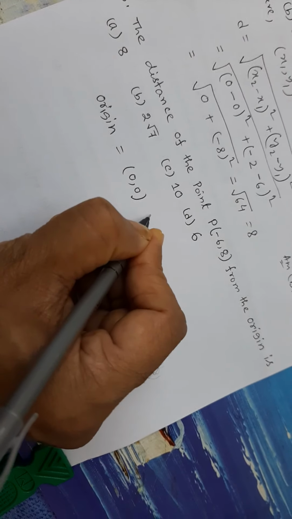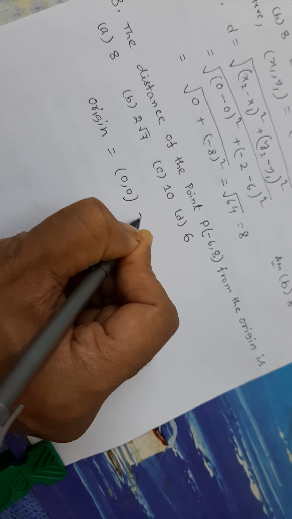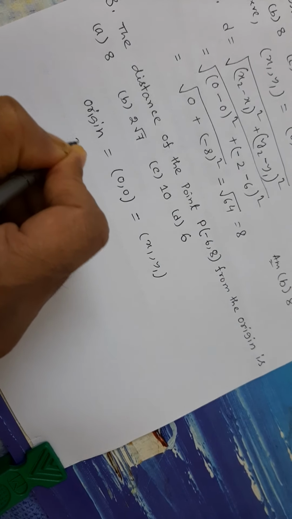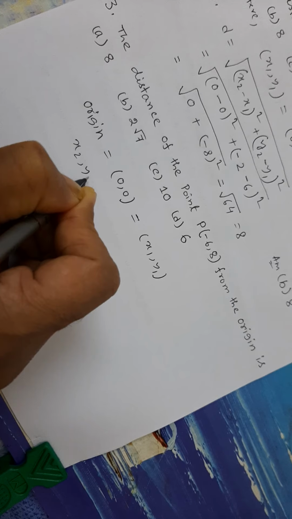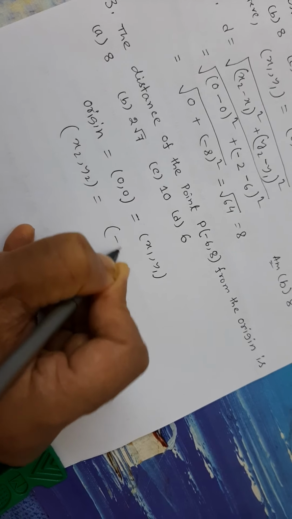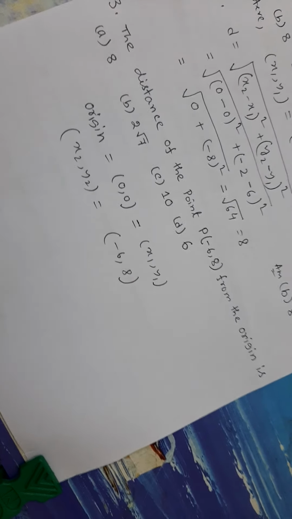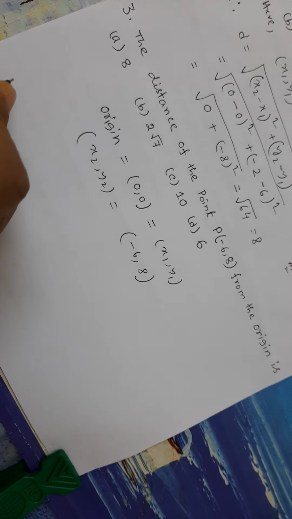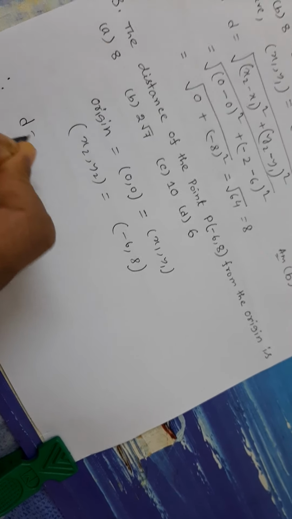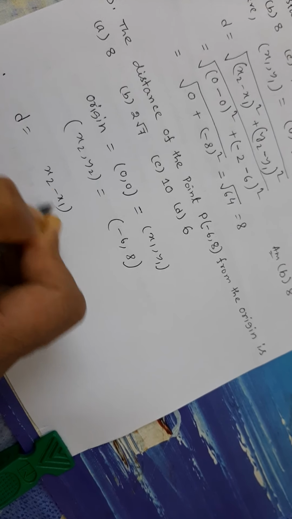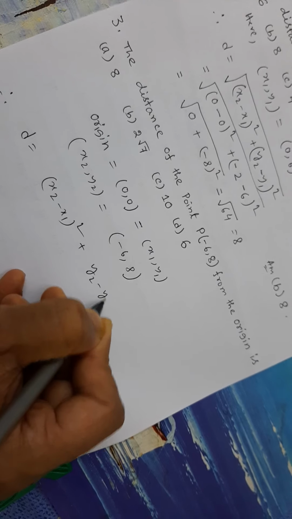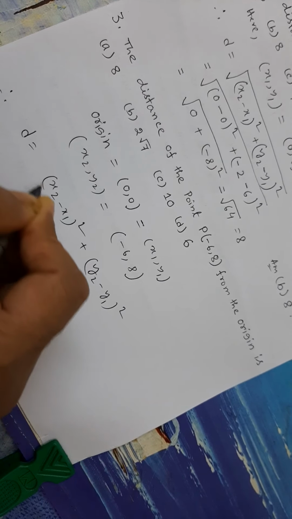Let this point be (x1, y1) and (x2, y2) equal to (-6, 8), another point. Now use the distance formula to find their distance. Therefore d equals the square root of (x2 minus x1) whole square plus (y2 minus y1) whole square.